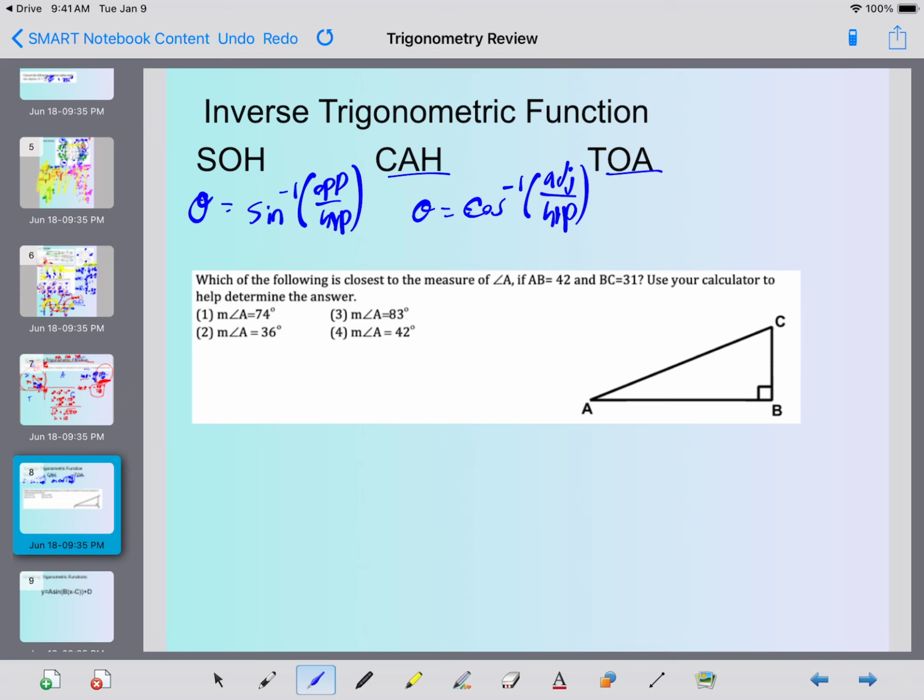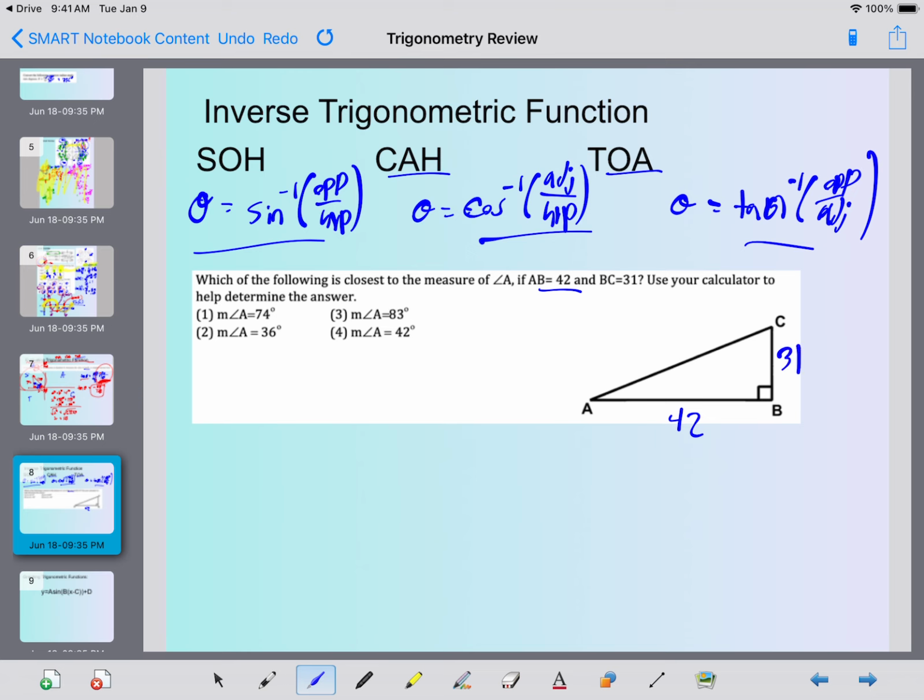For tangent, the angle would equal the inverse of tangent of the opposite over the adjacent. Alright? You don't have to memorize this. You just have to know the inverse function gives you the angle. So if you're ever trying to solve for the angle, you just do the inverse trig function. Second, and then the trig function on your calculator. So in this case, AB is 42.